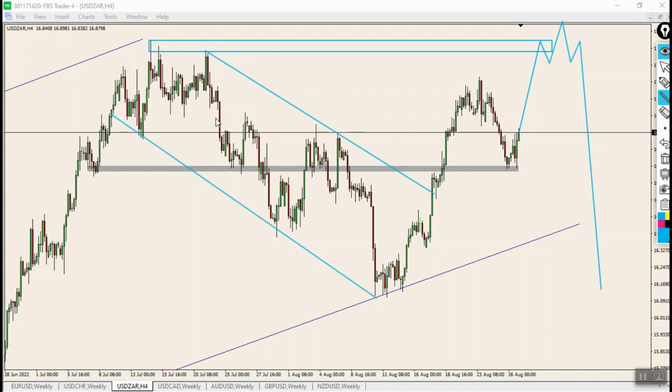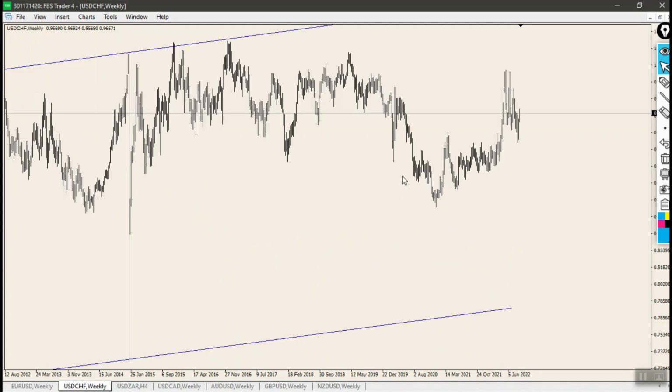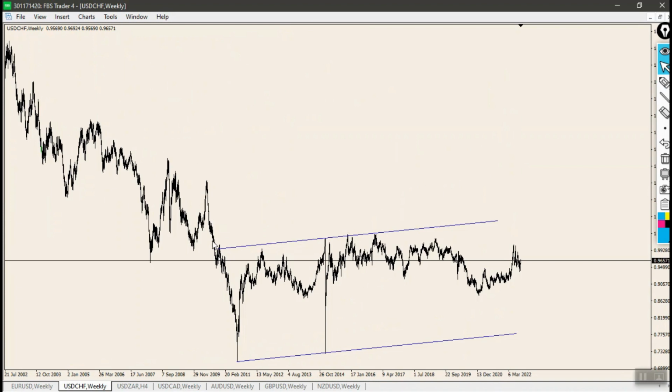So let's move on to the next candlestick, or rather the next currency pair for further analysis. Right, we are on USDCHF, and as you can see on the larger time frame, which is the weekly, we have this channel here that runs through price.